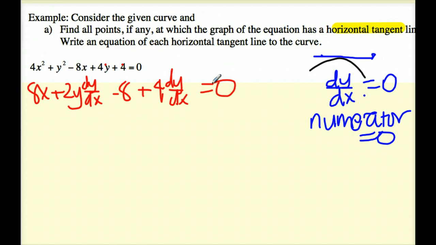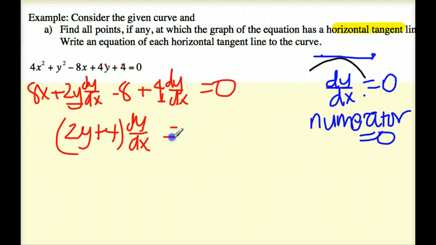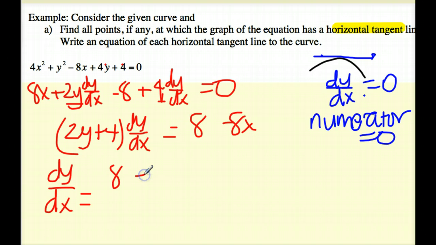Let's collect our like terms, and if you notice, I get a 2y plus 4 because of this here and this here, times dy/dx, equal to a positive 8 minus an 8x. So my final derivative is dy/dx equals (8 minus 8x) over (2y plus 4). That's our derivative, but like we said, now I need to set my numerator equal to 0.